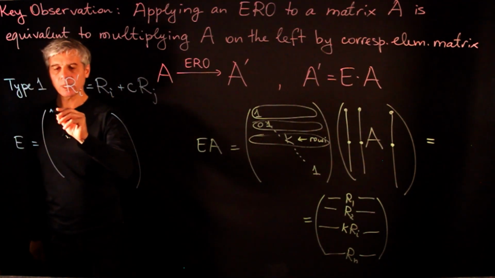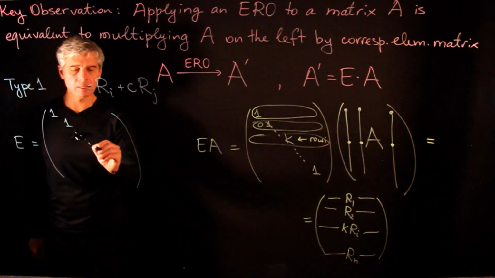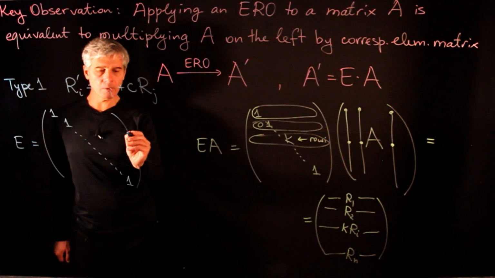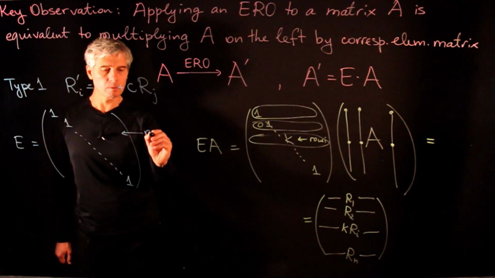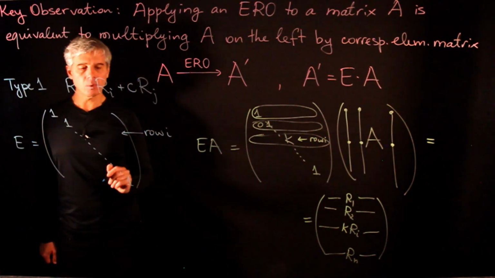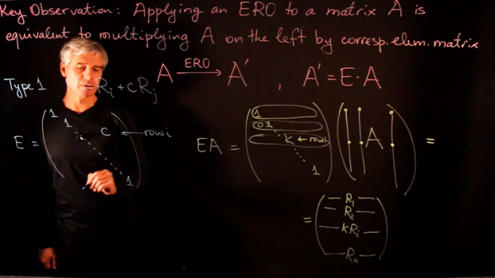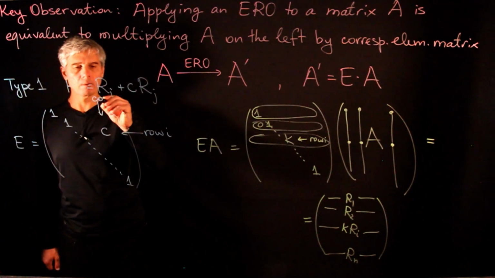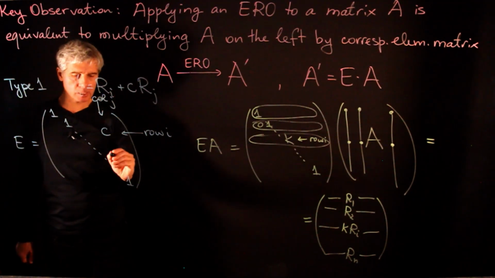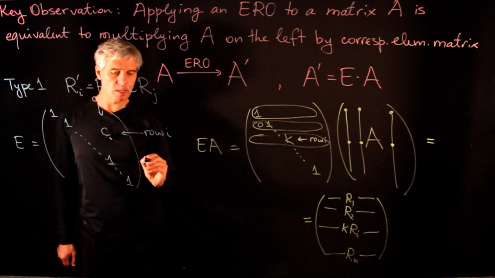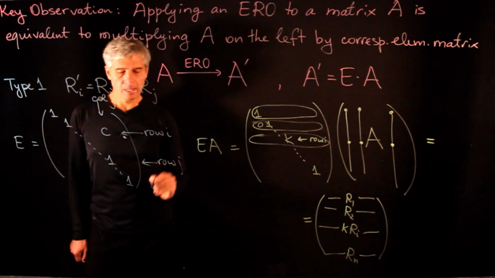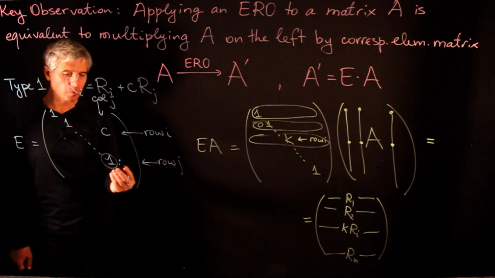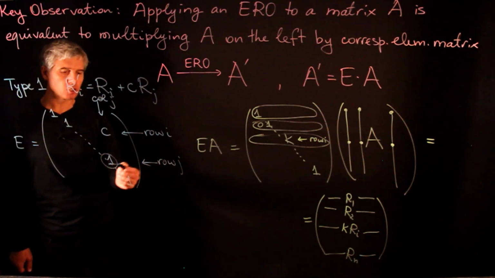So what we're going to get is ones on the diagonal, and now in row i, we're going to get entry c, which will be in column j. Because if we take row j, then row j will have 1 on the diagonal in position number j.